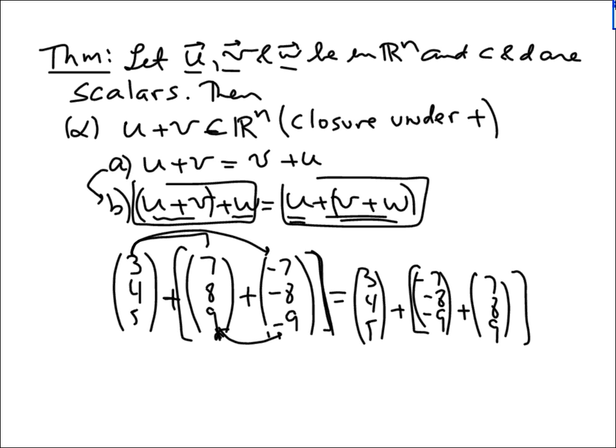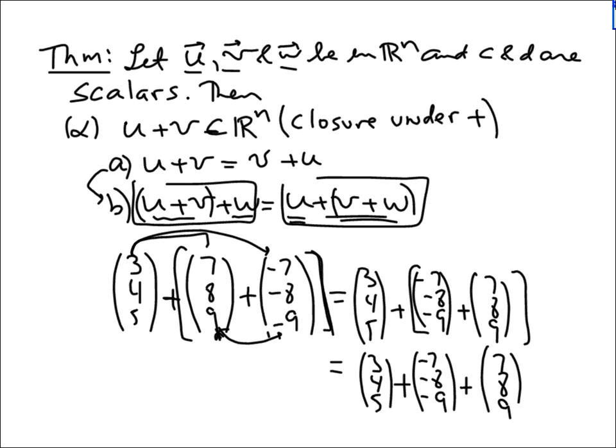Now I can invoke the associative law. I'm going to keep the order of the three vectors the same, not going to change that. But instead of putting the brackets around the second and the third, I can put them around the first and the second.